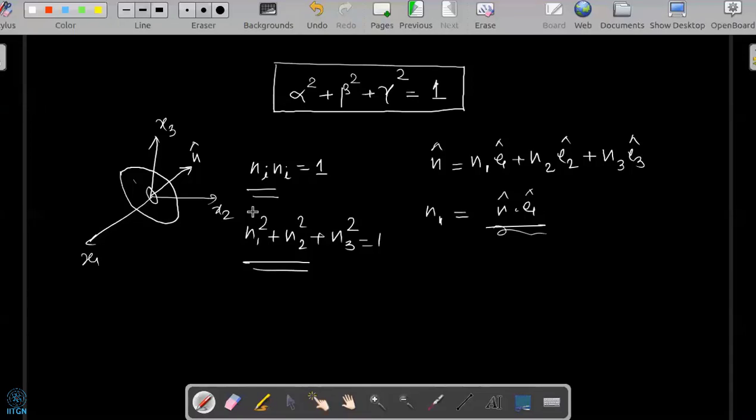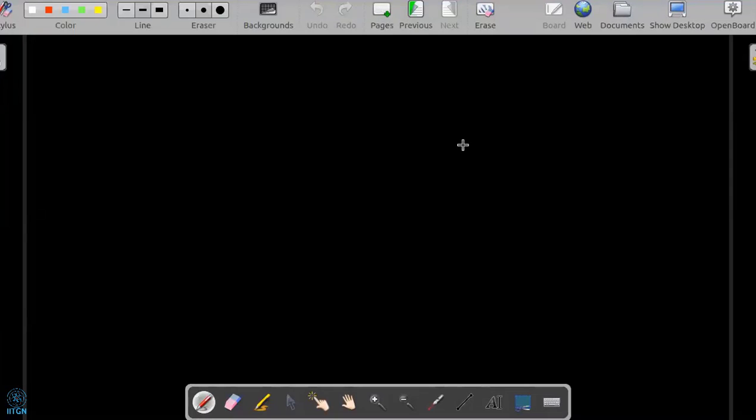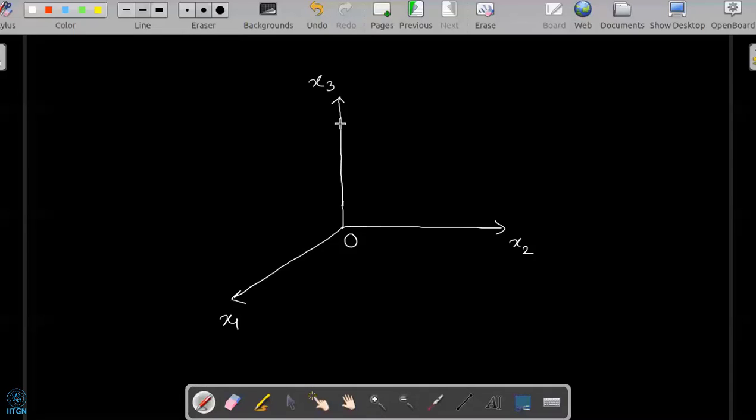Now we will see how we are going to use this for transformation of the Cartesian tensor. So again, we will consider the first O, x1, x2, x3 space, with E1 cap, E2 cap, and E3 cap along the axes.